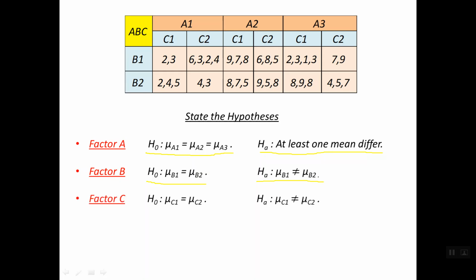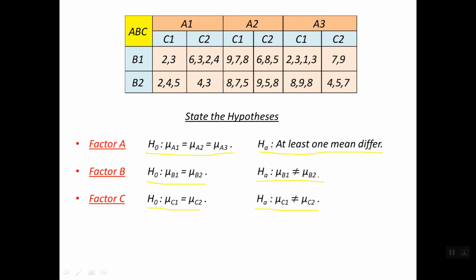For factor C, the null hypothesis states that the mean for C1 is the same as the mean for C2, and the alternative hypothesis states that they are not the same. So these are the sets of hypotheses for the three main factors A, B, and C.